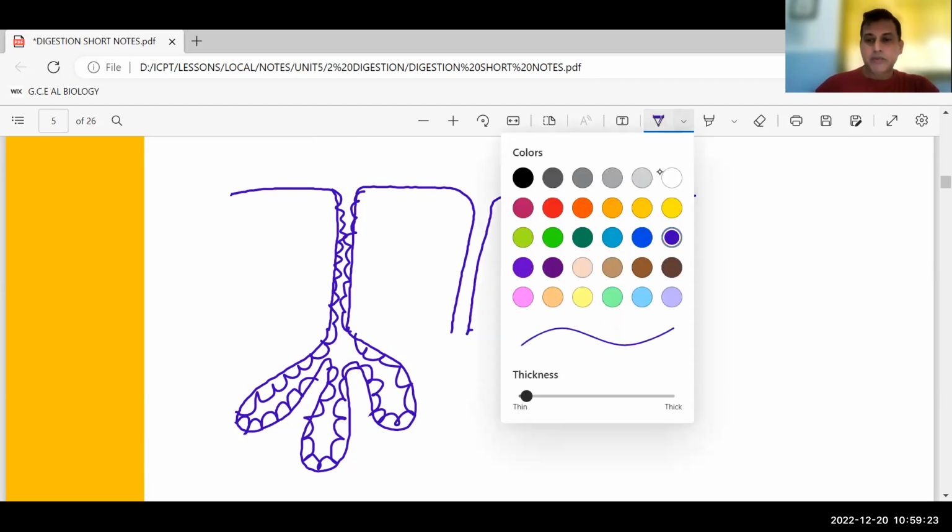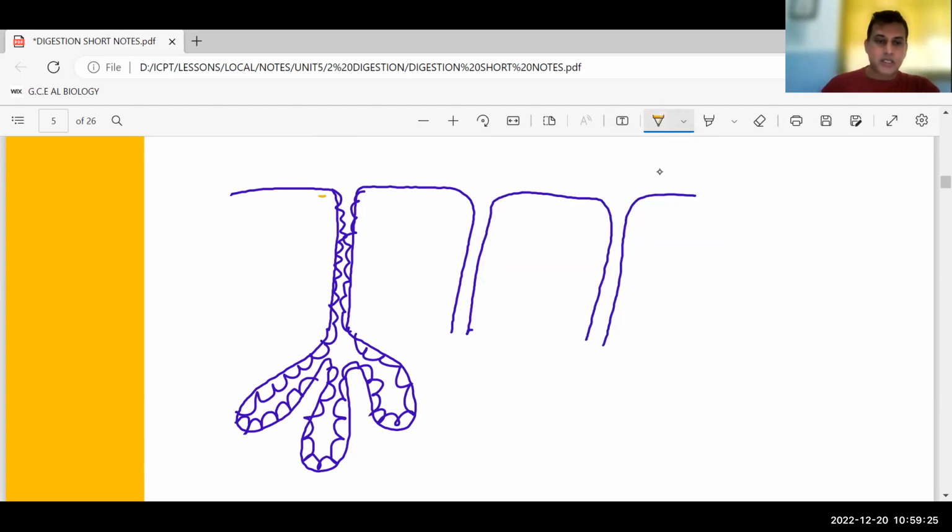And we can separate them into two now. This is the gastric pits. Gastric refers to the stomach pits. This one is the gastric gland.